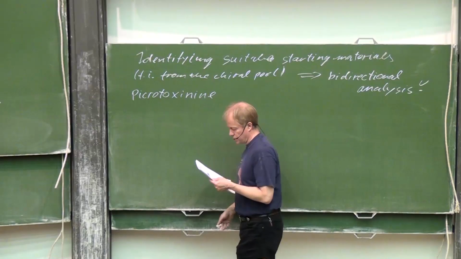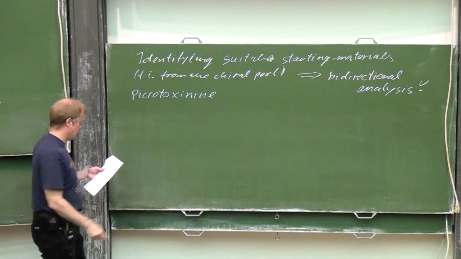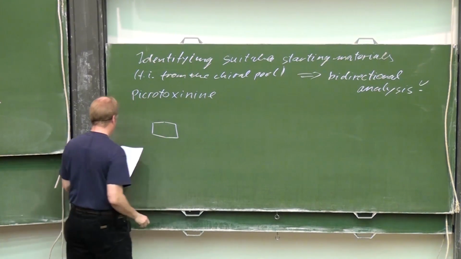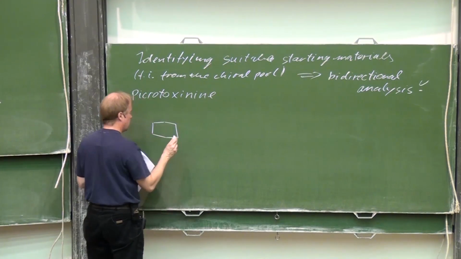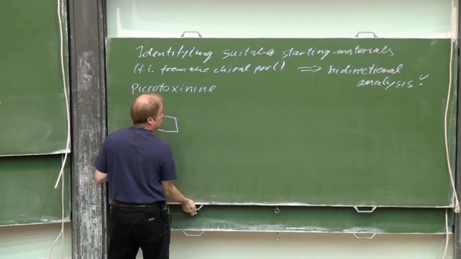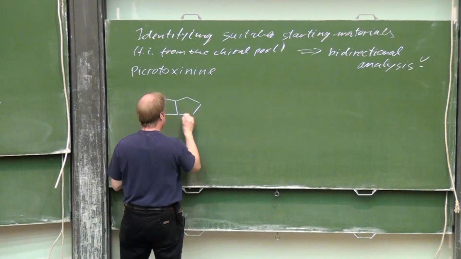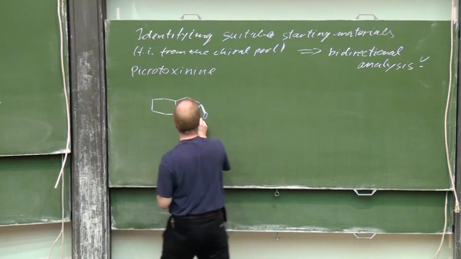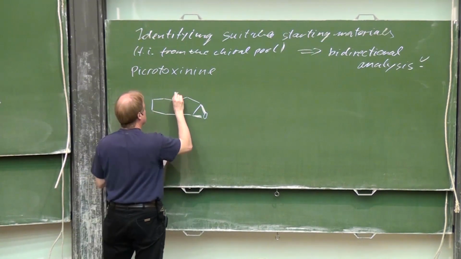Picrotoxinin has been synthesized by the Corey group and also by Barry Trost's group at Stanford. Kurt Hafner was the one who finished that synthesis. Let's draw that target molecule. You will notice it is rather complicated in structure.